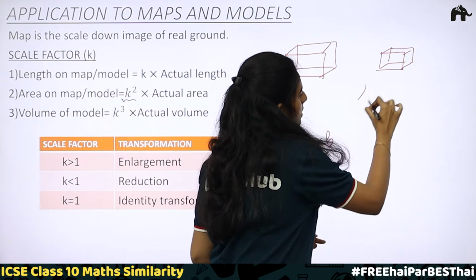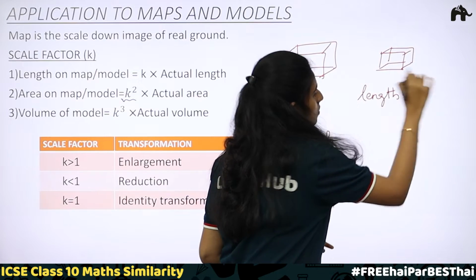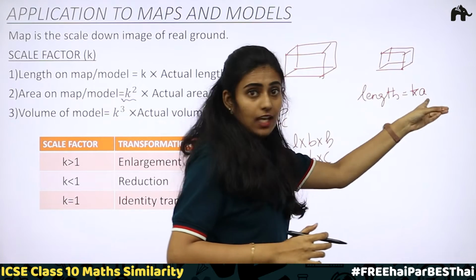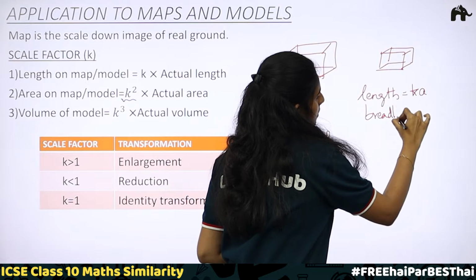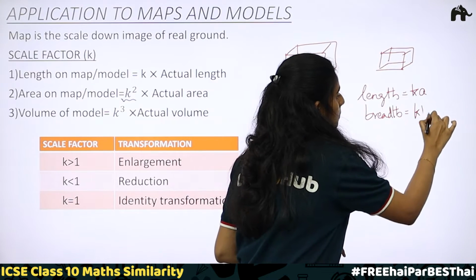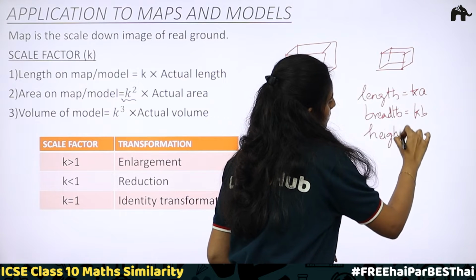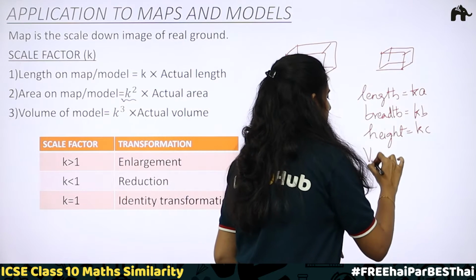To find volume, what happens to length? Length will be equal to K into A. It will reduce by K factor, and that is K into A. What about breadth? Breadth will become equal to K into B, and height will be equal to K into C. Now what is the volume then?